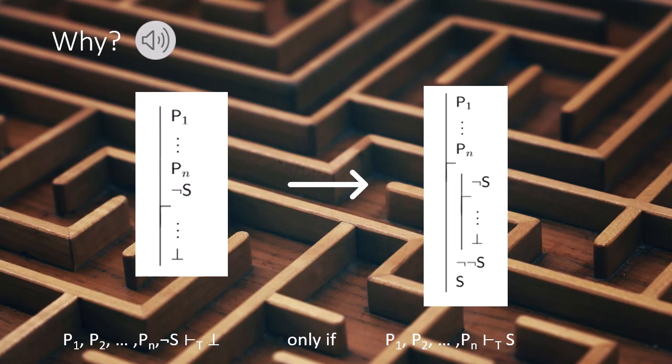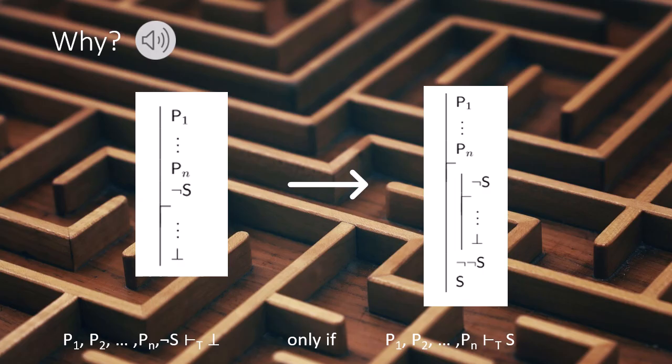Now, the only if part is a bit more subtle, and I've included here a nice diagram from the textbook. So when we're proving this only if part, we're going to first start by assuming that P1 through Pn and the negation of S as our premises produce a contradiction.